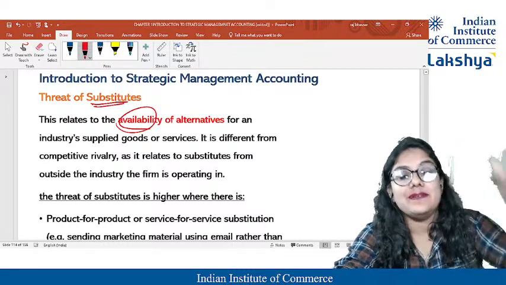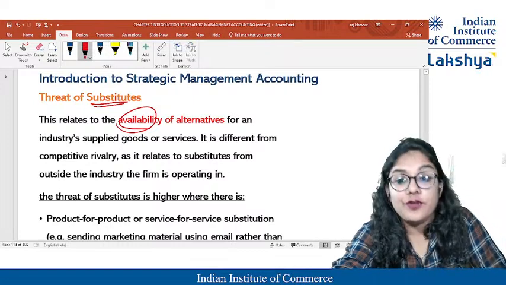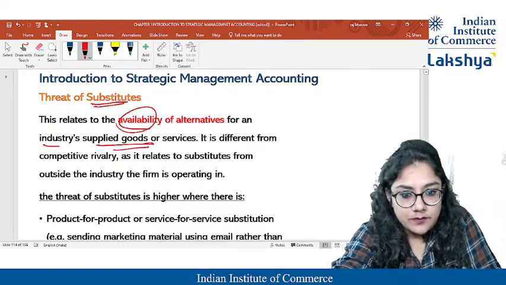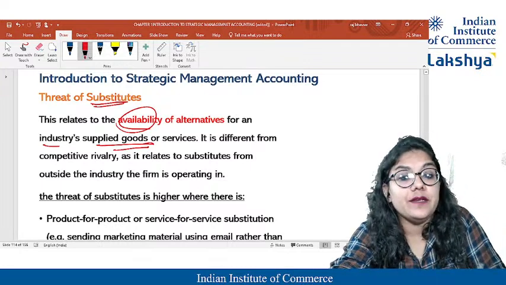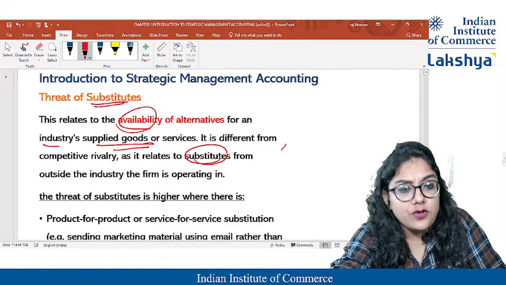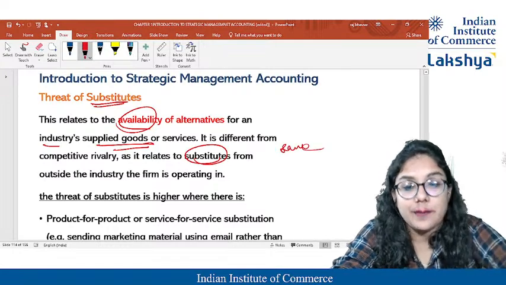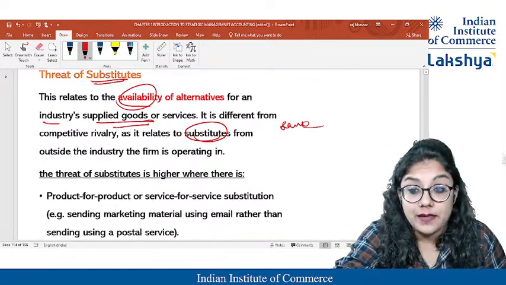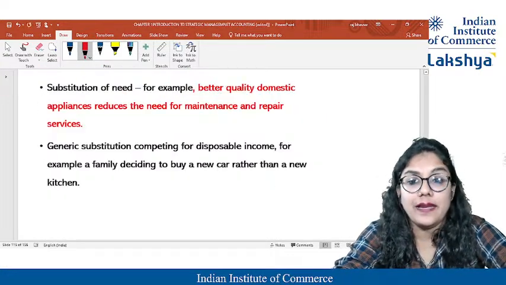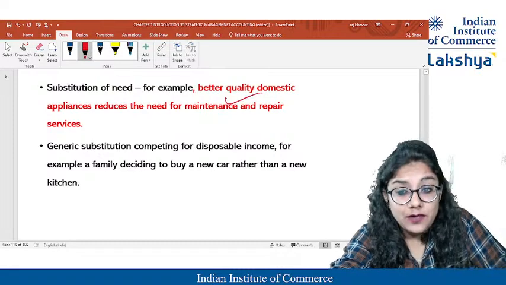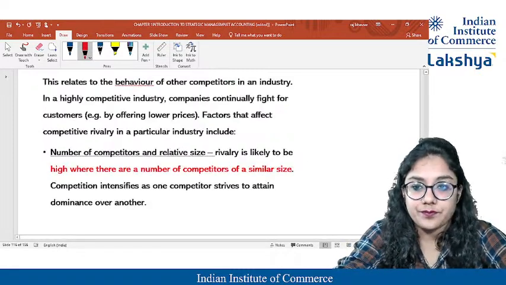This relates to the availability of alternatives for an industry's goods and services. It is different from competitive rivalry as it relates to a substitute, not the same product. The threat of substitute is higher when there is product to product or service to service substitution, or for better quality, or generic substitution also.